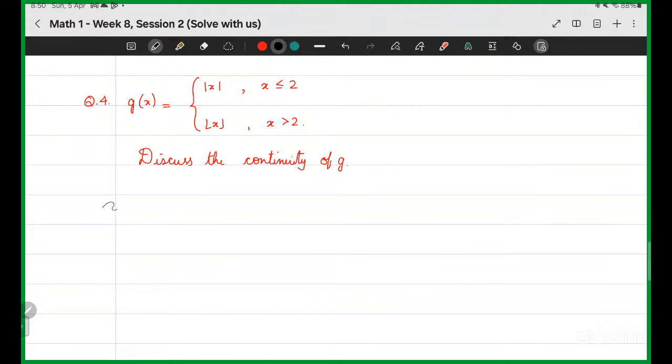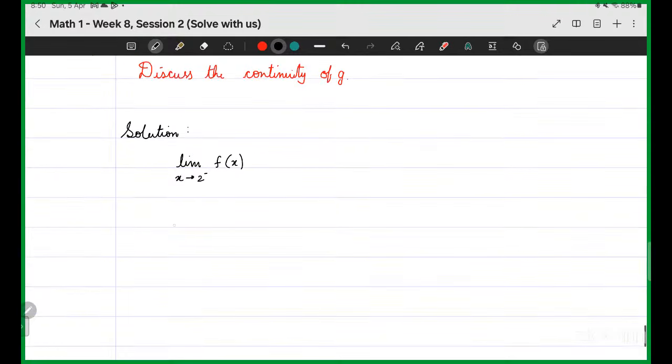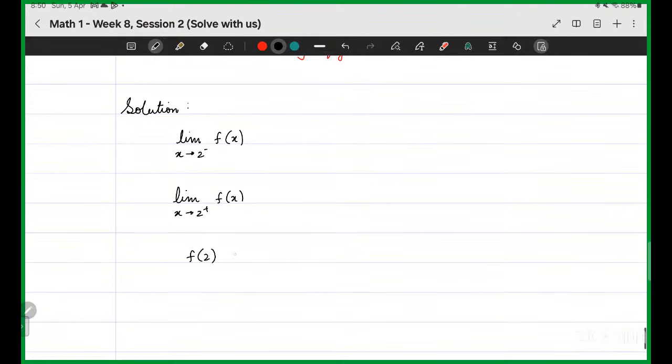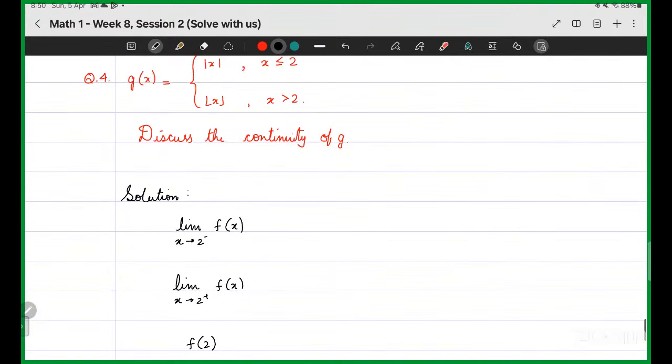In order to get the solution to this, we need the limit as x goes to minus of f of x. We need to discuss the continuity. So let us write those two things separately, and f of 2. So can you tell me what each of these quantities are and why they are so very shortly? 1, 2, 2.